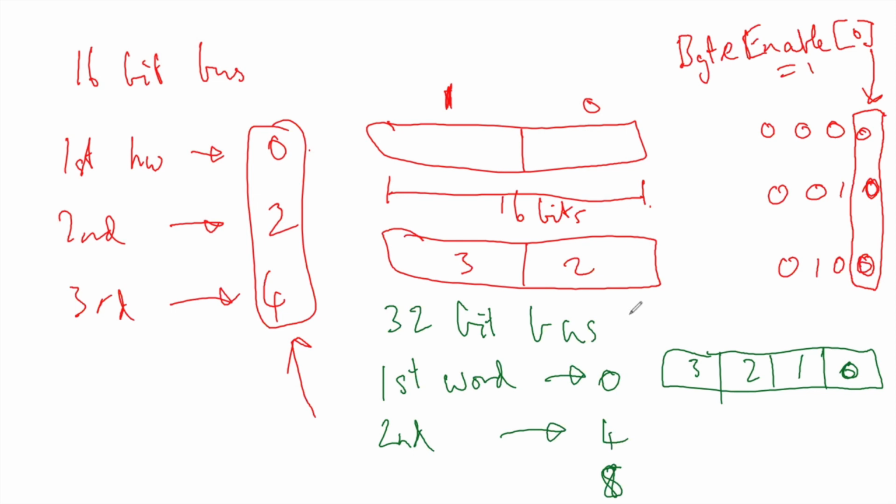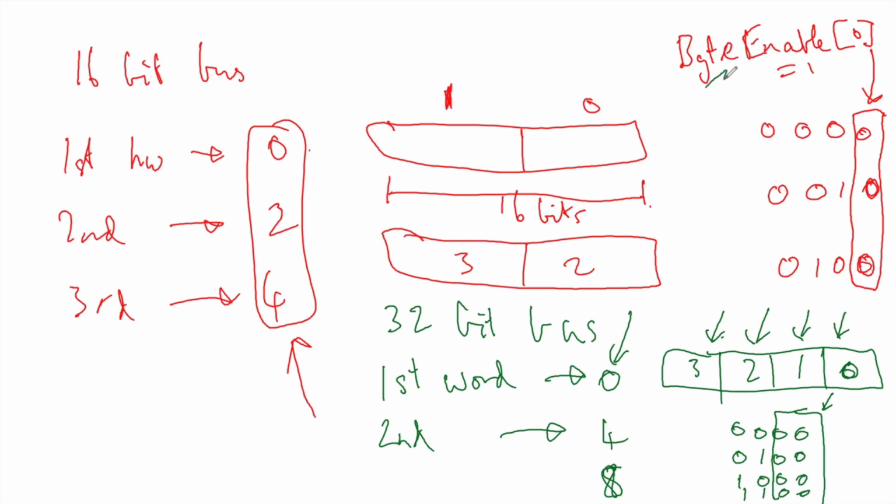So if you were to write these as binary, and the next one would be 1100. So what you'd notice here is that the bottom 2 bits don't change. And if you wanted to go to any of the intermediate bytes within that, which would be the sub-bytes of the word, then you would use the corresponding byte enable bits.